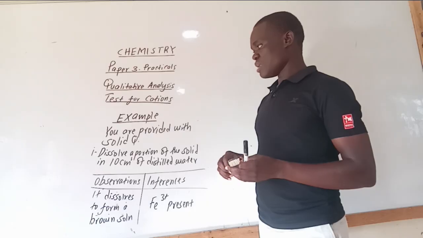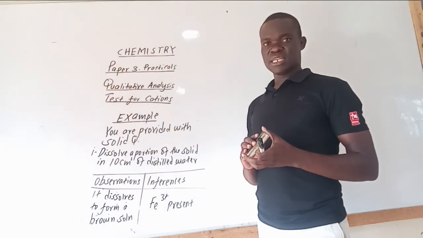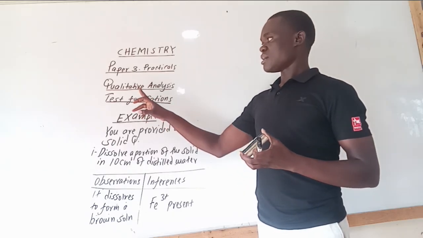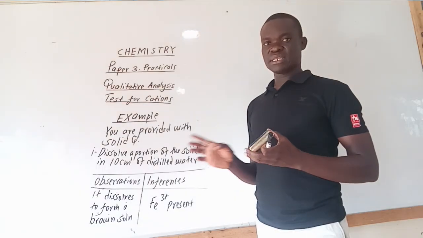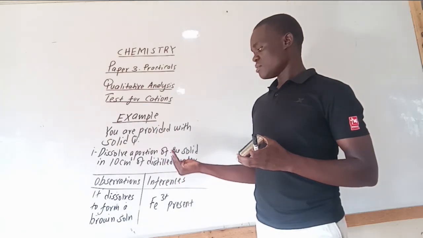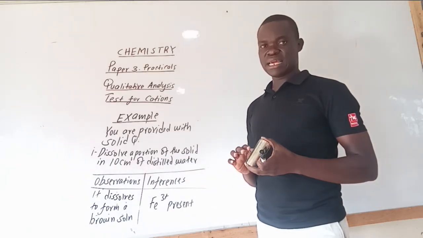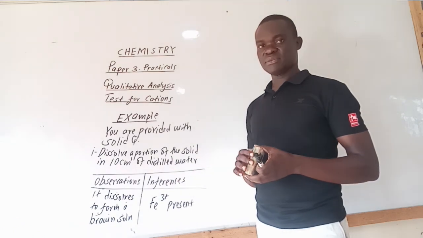So that is all about the test for solubility in paper 3 when testing for cations. We cannot give inference for anions because there is no colored anion, so all the cations are tested in solubility.